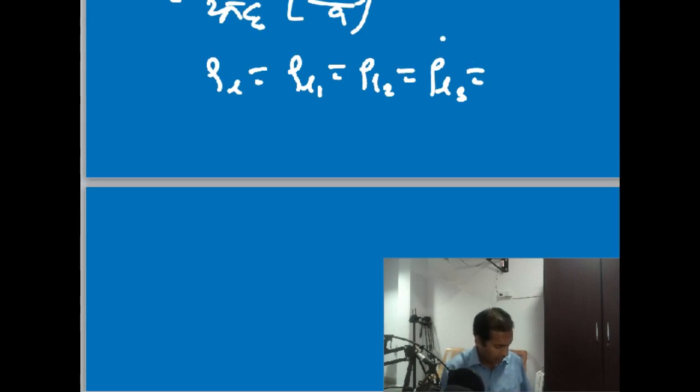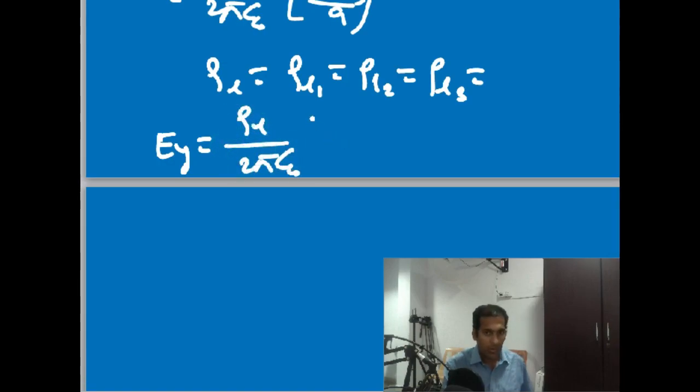So now total EY, if we want to calculate, what we have to do: rho L by 2 pi epsilon naught, 1 upon A plus 2 cos theta divided by square root of a square plus b square, volts per meter.